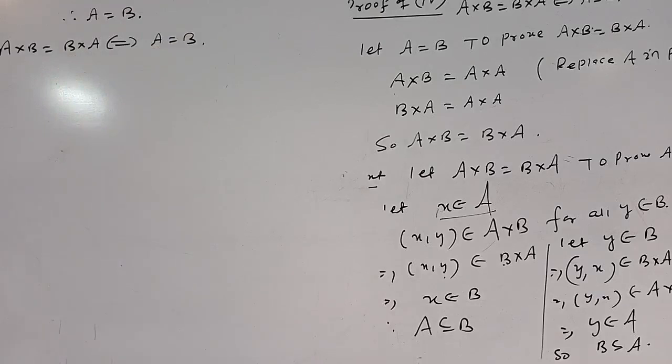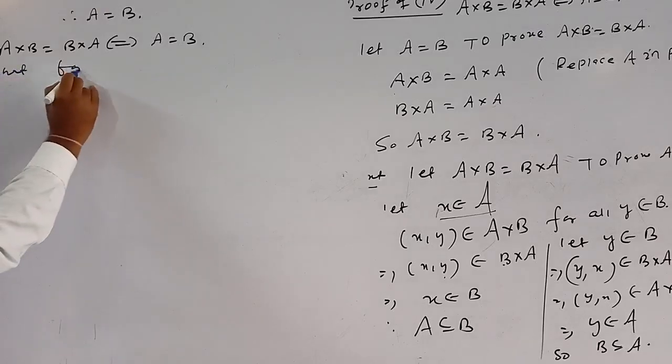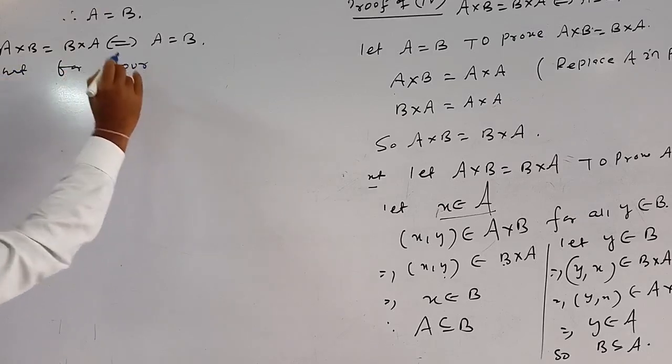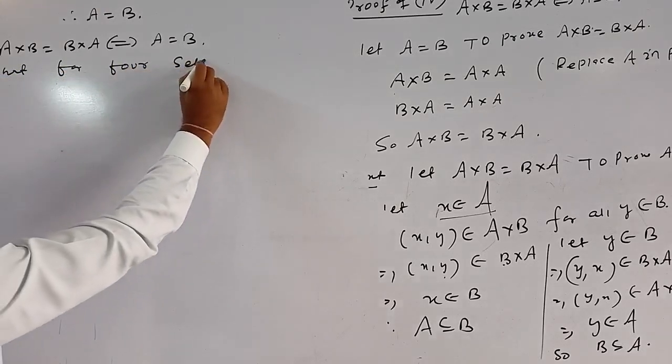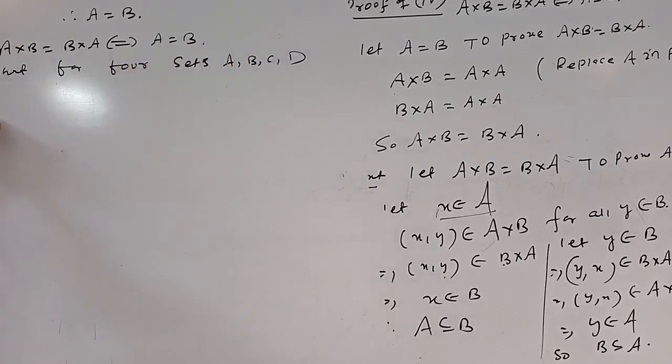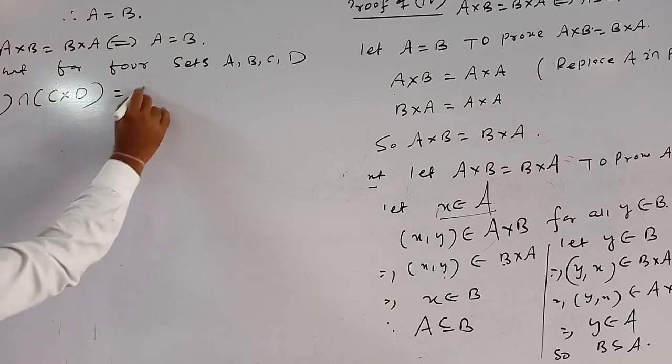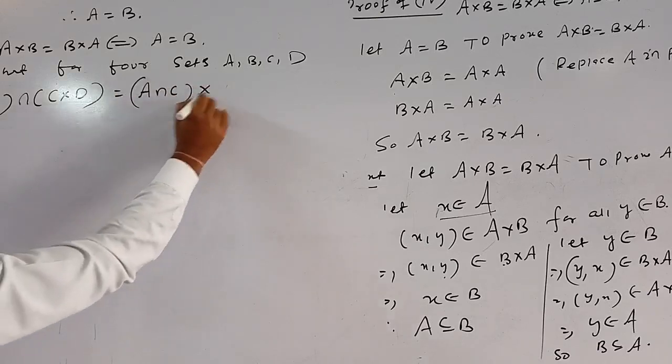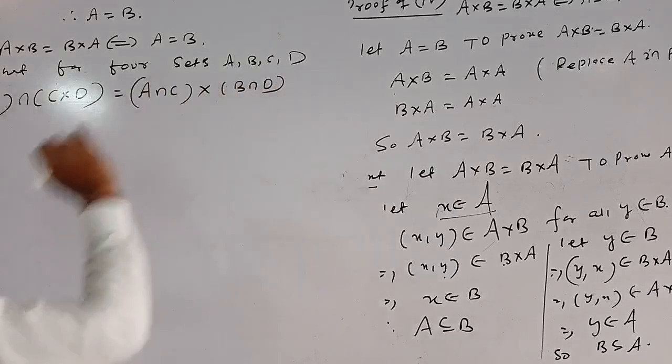Next we prove that for any four sets A, B, C and D, A cross B intersection C cross D equal to A intersection C cross B intersection D.